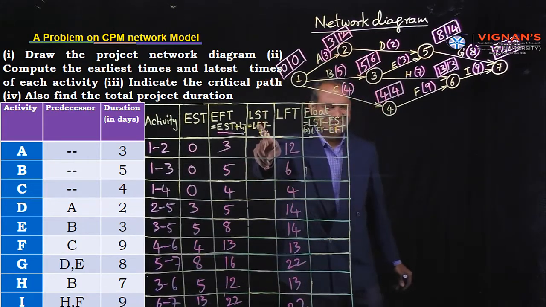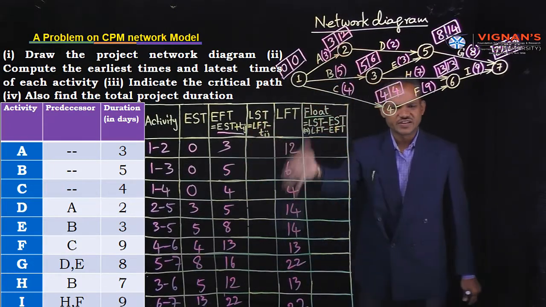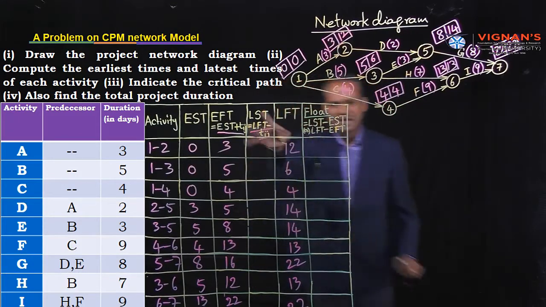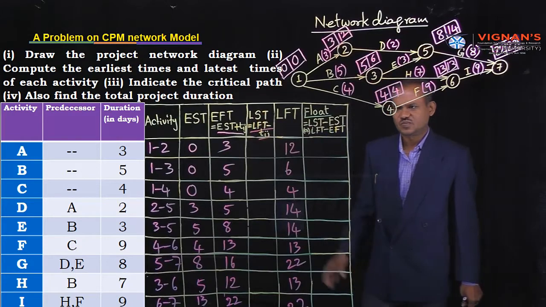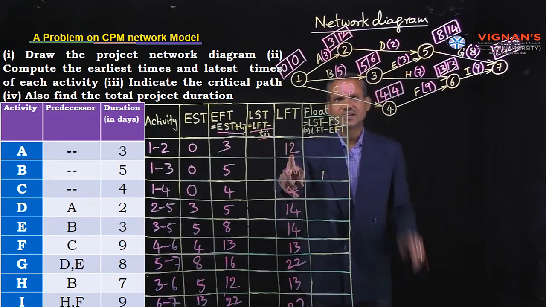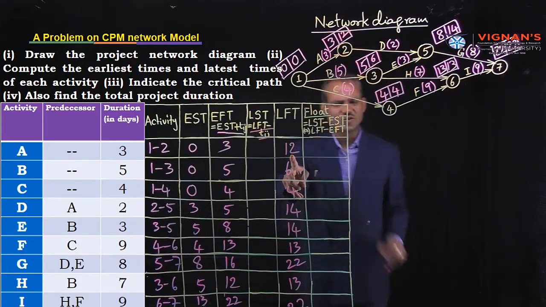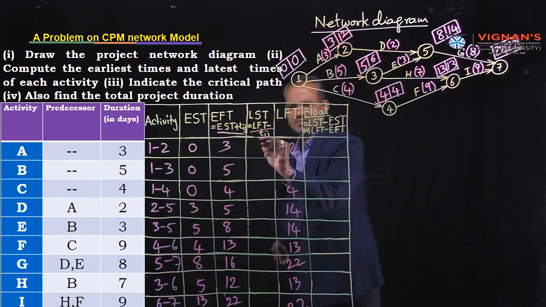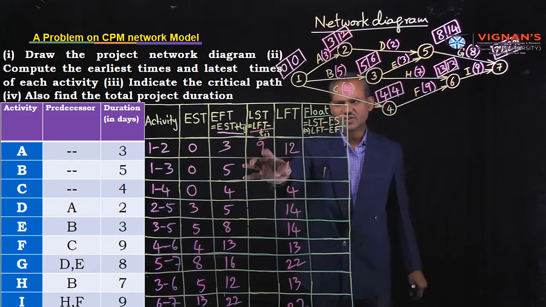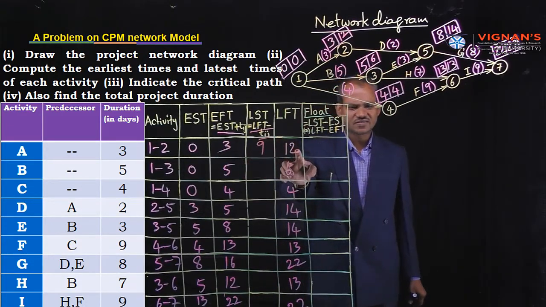Next, latest start values. This is very easy. Already written formula, that means LST equals LFT minus activity duration. LFT means 12 minus duration of activity. A is 3. 12 minus 3, how much? 9. Don't see this network diagram. Here itself you can decide. Next, move to the 1 to 3 activity.